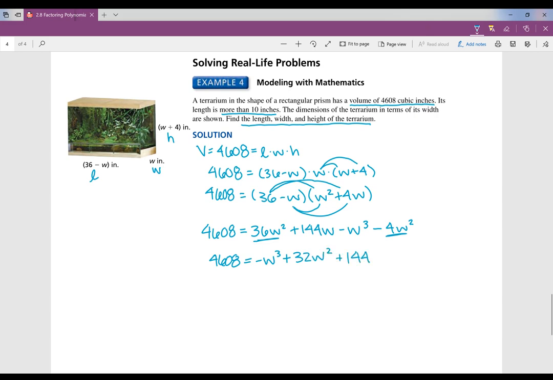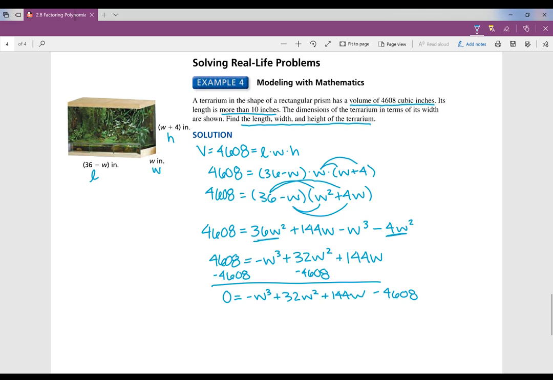plus 144W. Now, since we're solving for W, we want to get this set equal to 0 so that we can factor and solve for it. So we're going to subtract 4,608 from both sides. Remember, whatever you do to one side, you have to do to the other. So we get 0 equals negative W cubed plus 32W squared plus 144W minus 4,608.